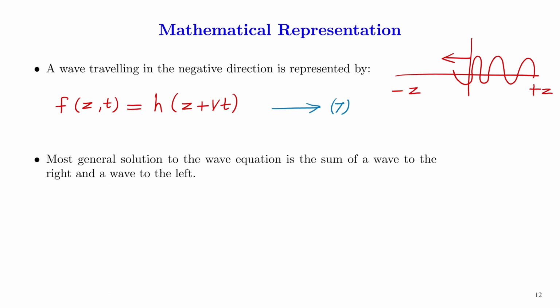And most of the time, we take the general solution of the wave equation as the sum of a wave that is moving to the right and a wave that is moving to the left, so that we can write the general solution as f(z,t) equal to g of z minus vt plus h of z plus vt.